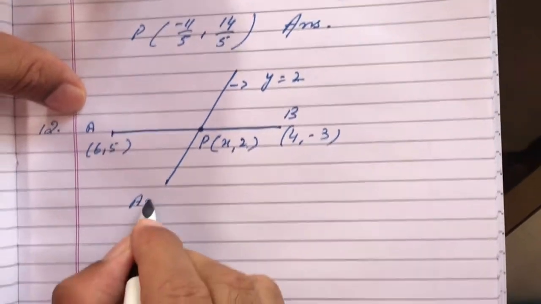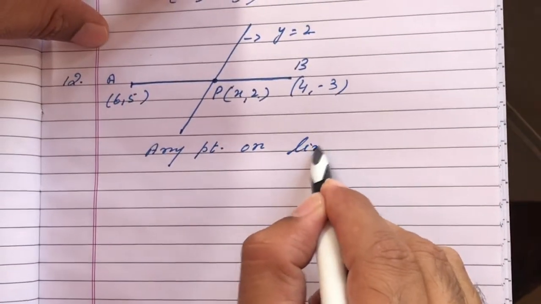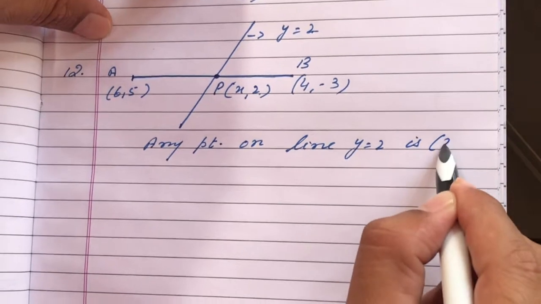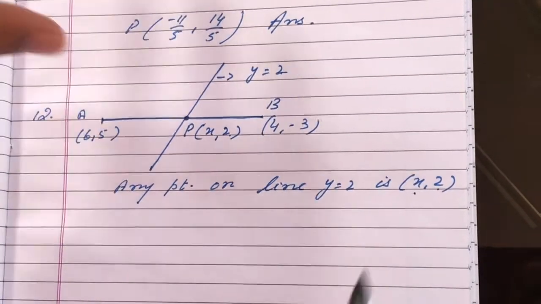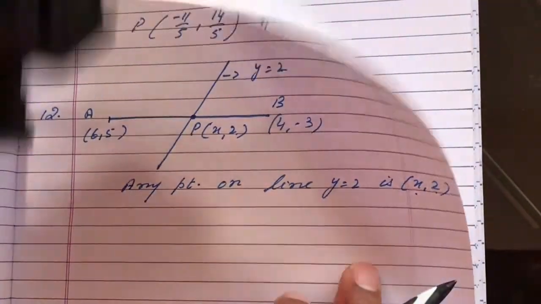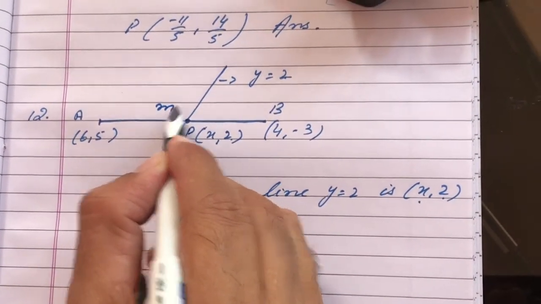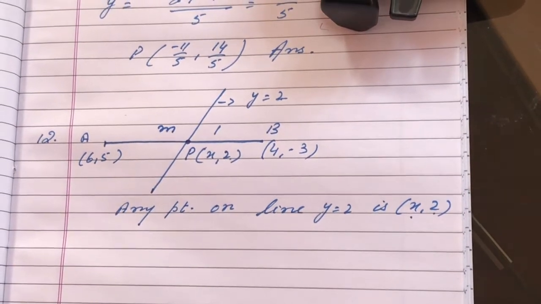So I write any point on line y is equal to 2 as (x, 2), because y will always remain 2 and x varies. Now when I have to find ratio, I take ratio m is to 1.